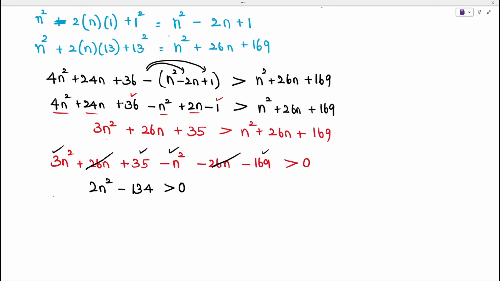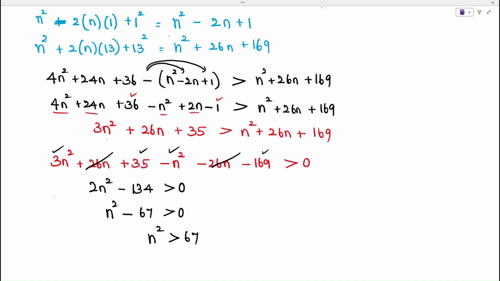Now we can divide both sides by 2, so we get n² − 67 is greater than 0. And now we can move our −67 to the right-hand side, so we're left with n² is greater than 67.